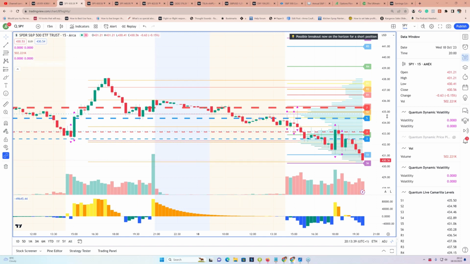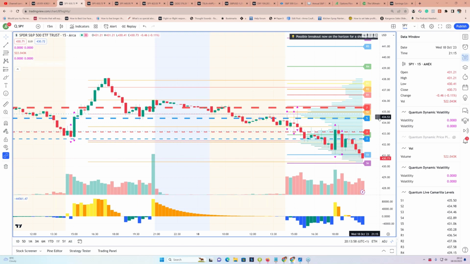So if it's moving and you think, well, it's a little bit too noisy on the faster chart, just going up a time frame takes away a little bit of that noise, the 15-minute. And of course, I actually have the Camarilla levels on the 15-minute.